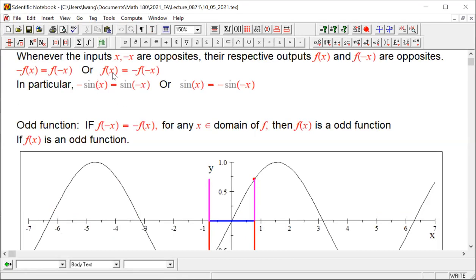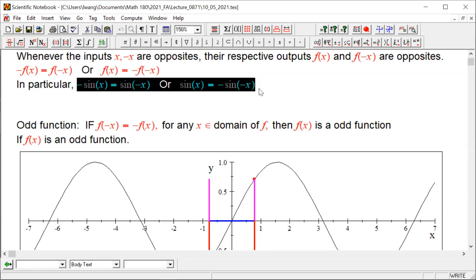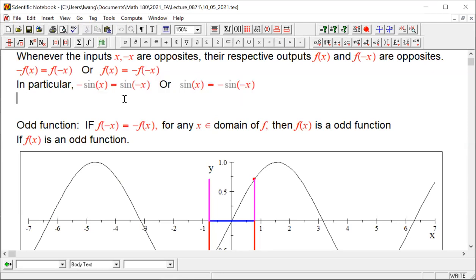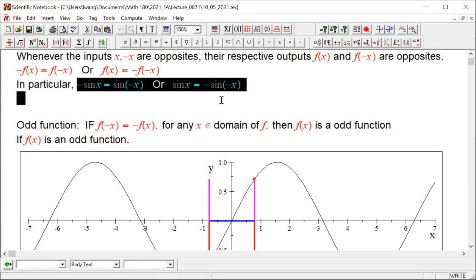You guys see that? If f is sine, it turned into this because sine is odd, right? And of course, you can remove this parenthesis. So these are the two algebraic forms we were explaining.